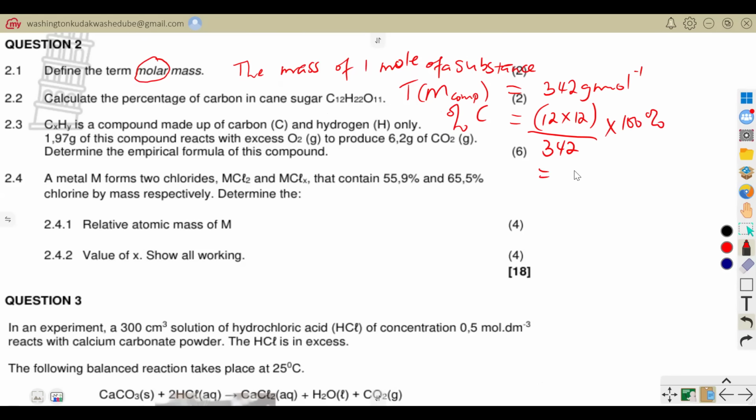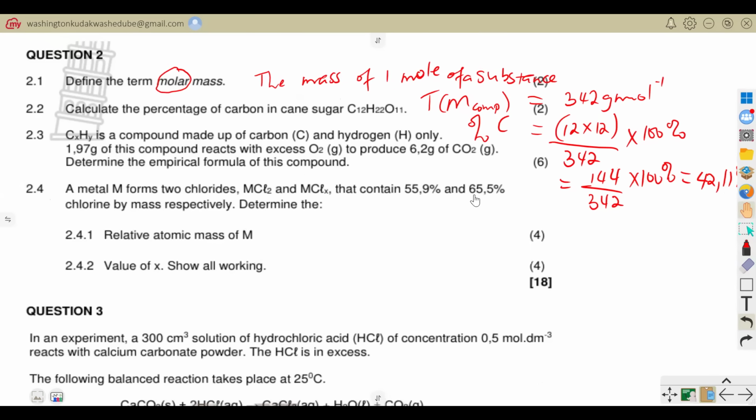This gives us 144 divided by 342 times 100%, giving us a percentage of what? Let's use our calculators. We get a percentage of 42.11%. So the percentage of carbon in sugarcane is 42.11%.